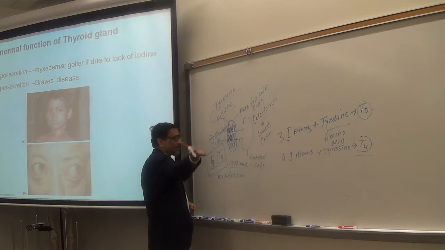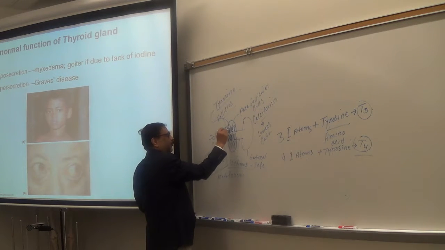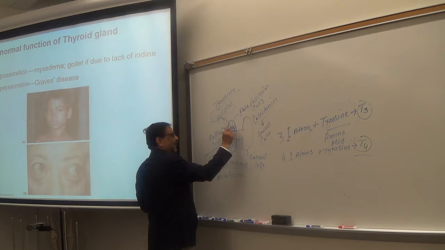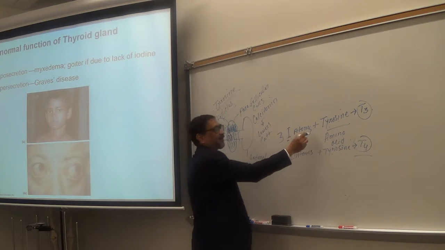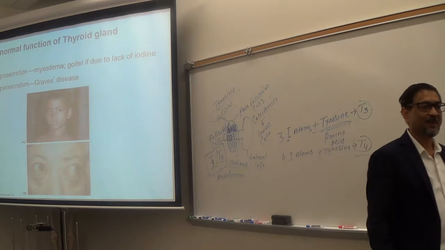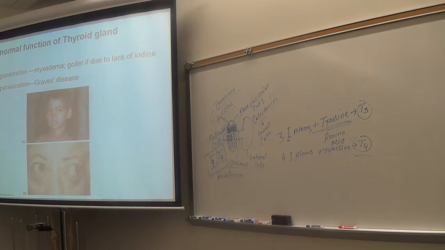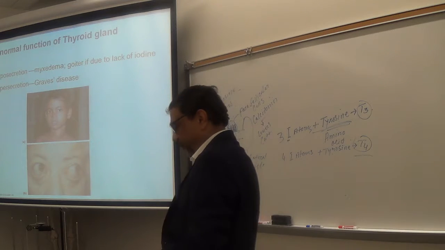Tyrosine will not get enough iodine. So the tyrosine molecules will stay and start to accumulate inside the follicles because they are not being used. More and more tyrosine will accumulate inside the follicles. Follicles will get bigger and the thyroid gland will get enlarged because of accumulation of tyrosine. Make sense? Because you are not getting iodine, tyrosine will stay there and will continue to grow. So that is the reason for goiter.